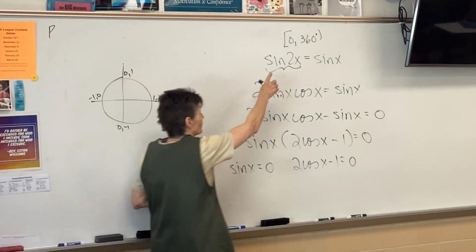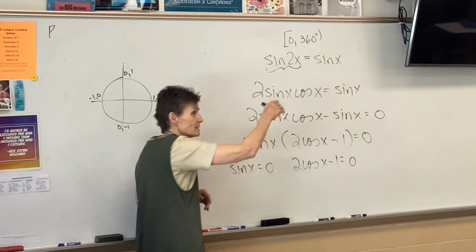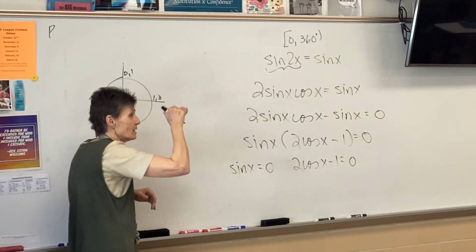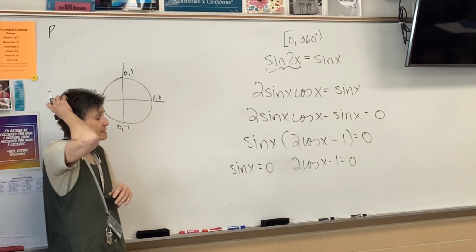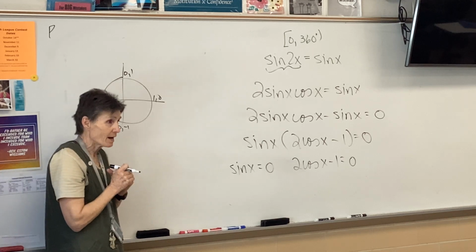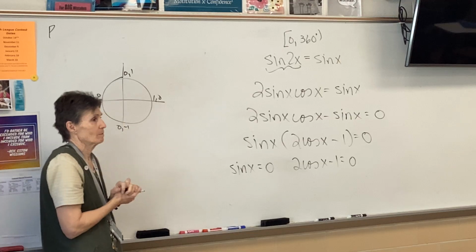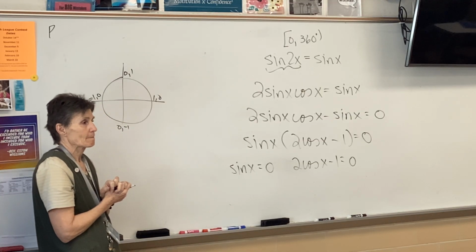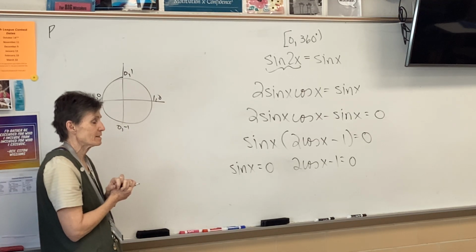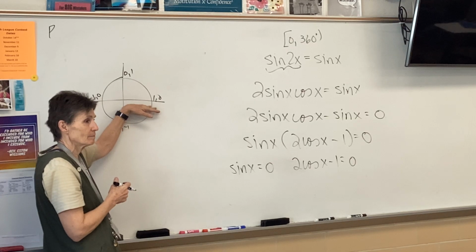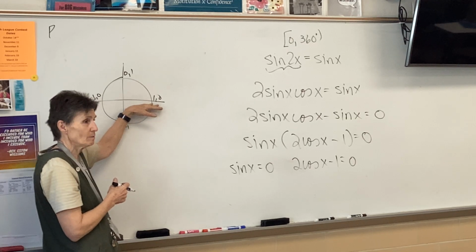So we look around the circle. All the way around, 0 to 360. Where are all the places where the sine or Y is 0? Where's Y 0? Is Y 0 right here? Y is 0.